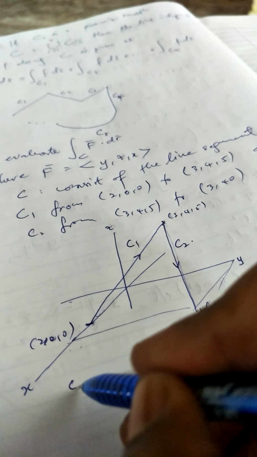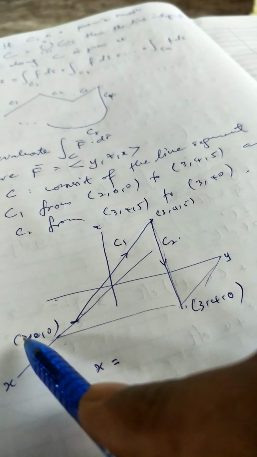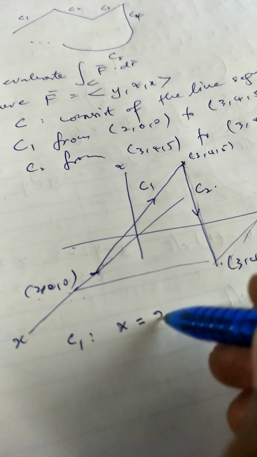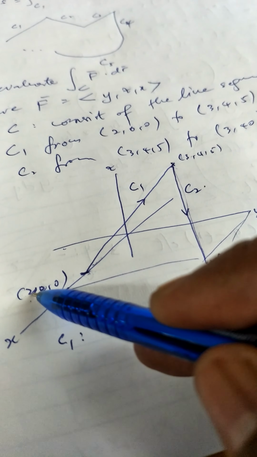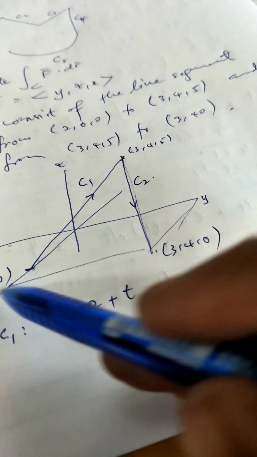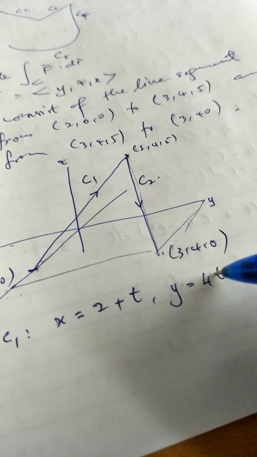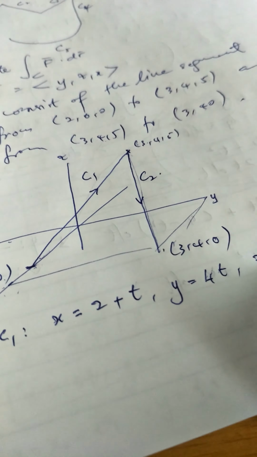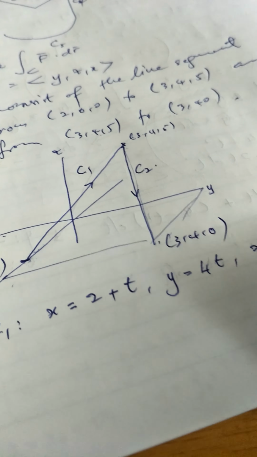For C1, I use this point: x is x naught 2 plus v, 3 minus 2 is 1, so x = 2 + t. y is y naught 0 plus v, which is 4, so y = 4t, and z = z naught 0 plus 5t, so z = 5t.